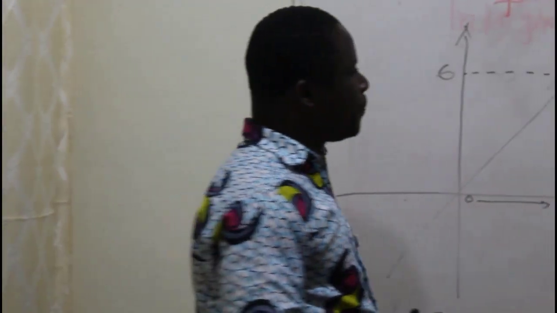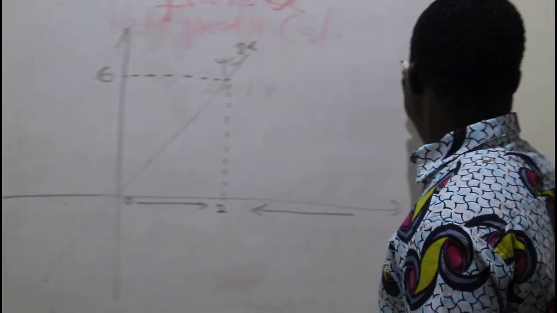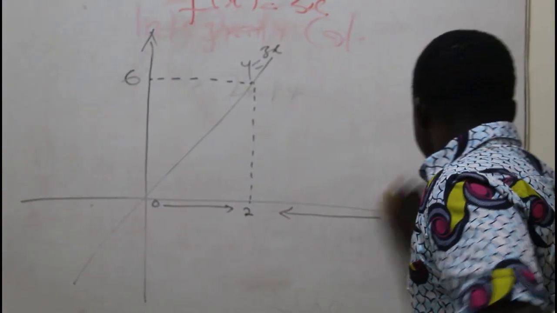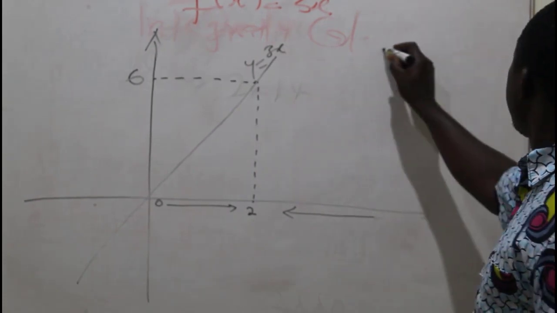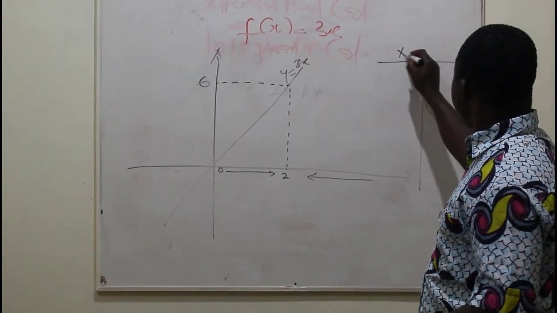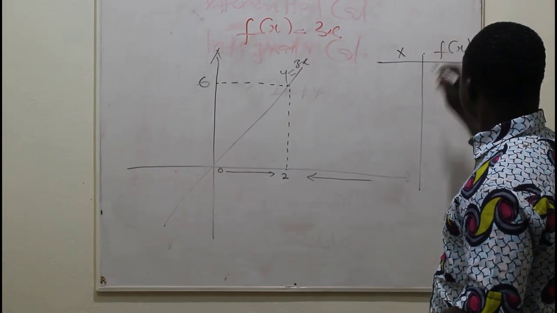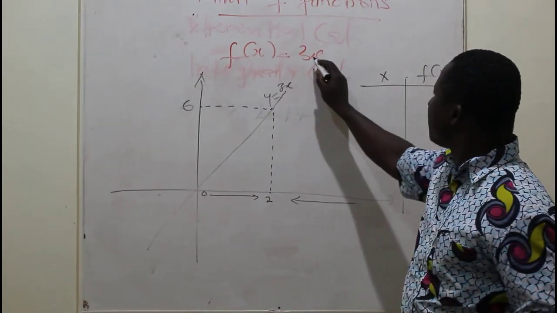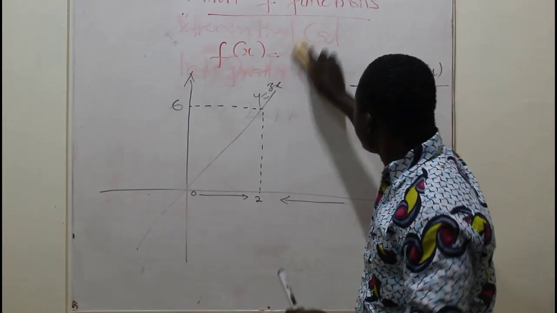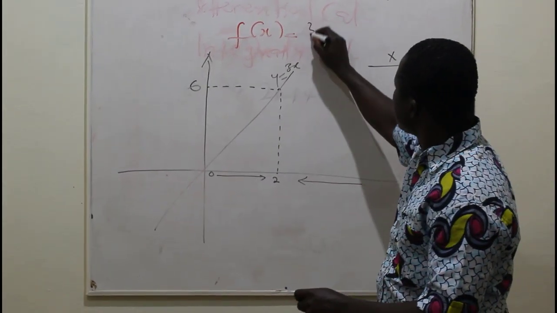So we want to complete this simple table. This is x, this is f of x. And don't forget, our f of x is 3x.